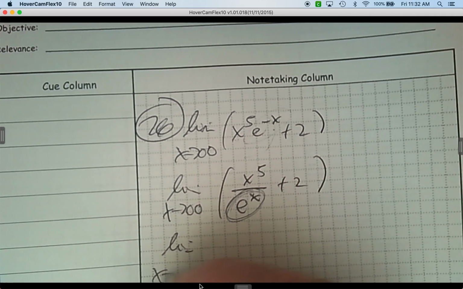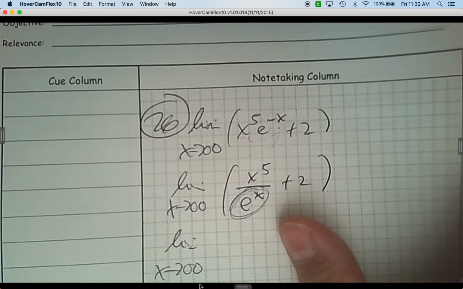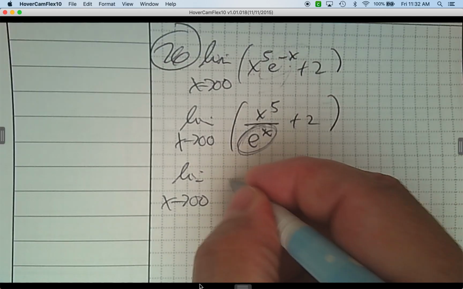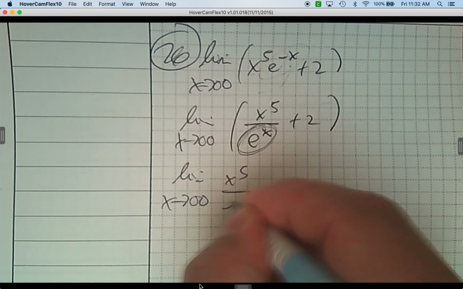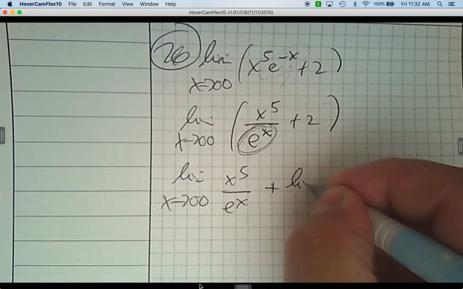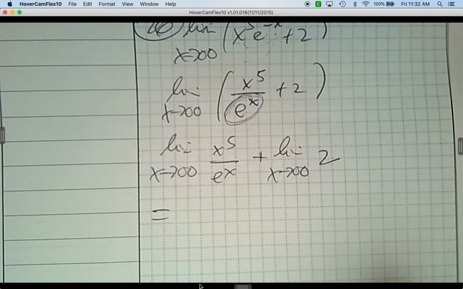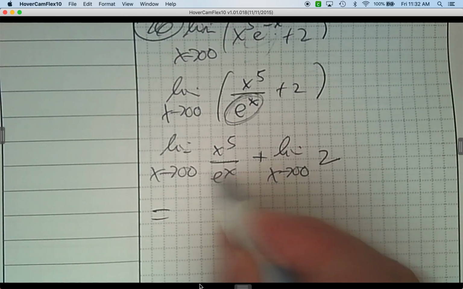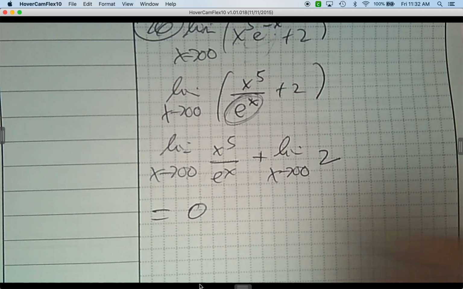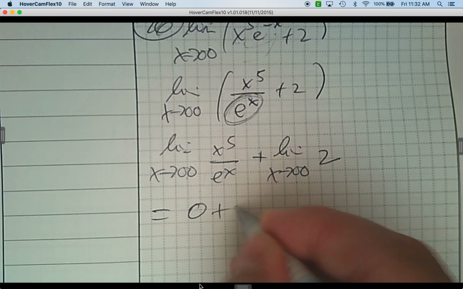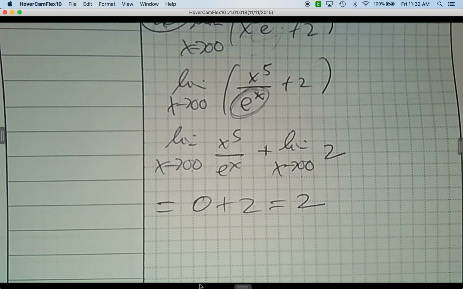And we'll show it on the calculator too. If I separate this to evaluate the limit, recognize that because the bottom is more powerful, the right end behavior is 0. Here, it's a constant, so it's 2, so that entire answer is 2.